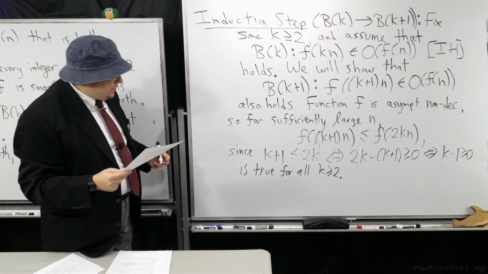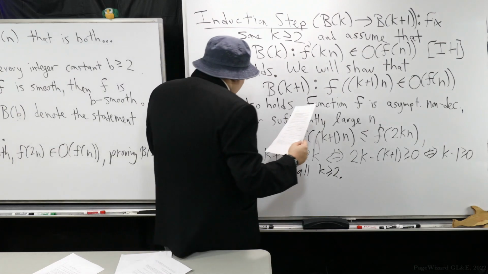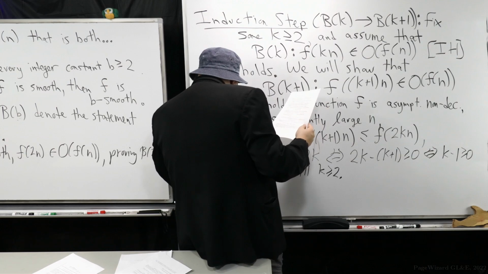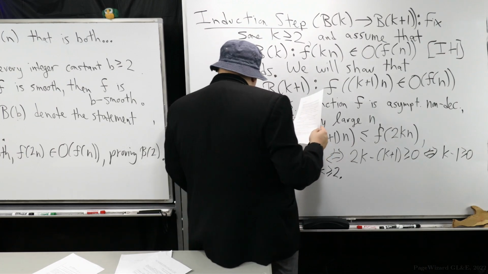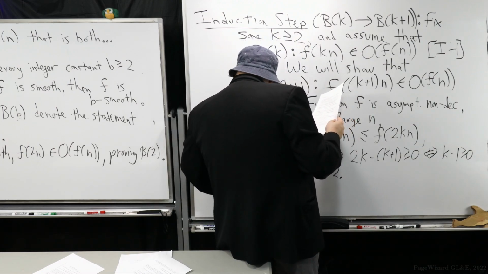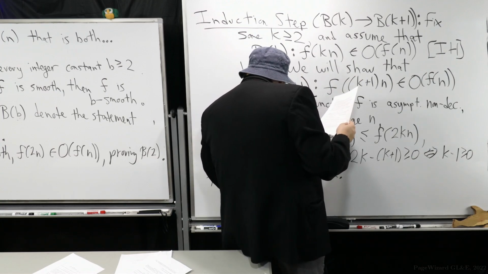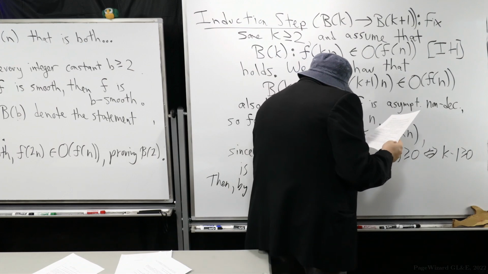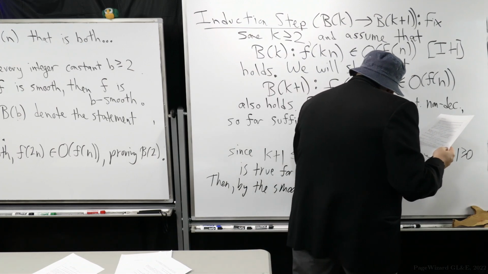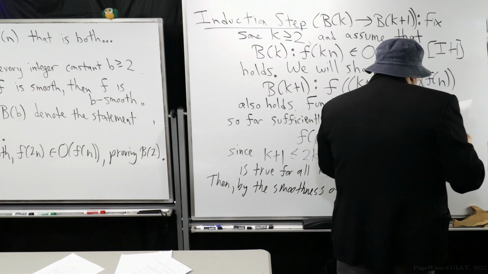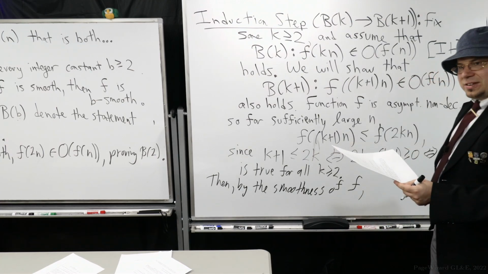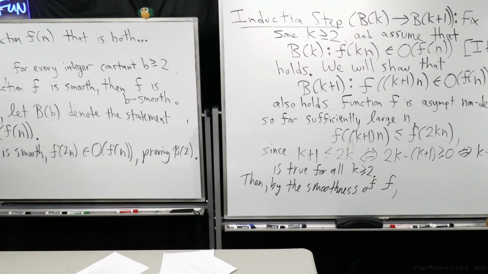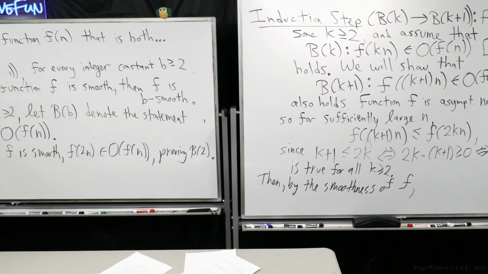So watch this carefully. I'm just going to use the smoothness of f to do the following very crafty step here because of this property. Then, by the smoothness of f, because remember f is smooth, we get the following. So let me just finish up the proof over here. We're almost done. So there's a very slick step that's going to happen.